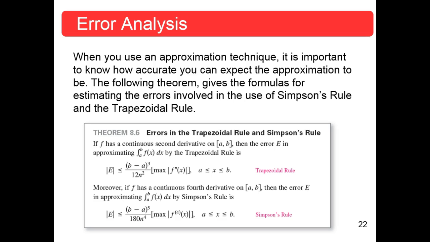So let's plug in the numbers we had there. This will be pi raised to the fifth power divided by 180 times 4 to the fourth power. I don't want to figure out what that is. I think it's 256, but I'm not sure.